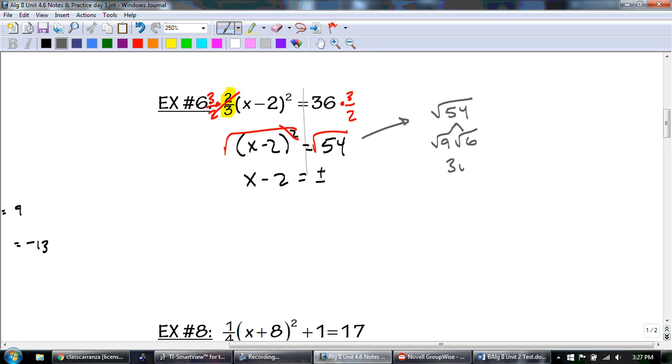The square root of 9 is 3, and then we've got the root 6 left over. So 3 root 6. And then to get the x by itself, I have to add 2 to both sides. So we get x = 2 ± 3√6.